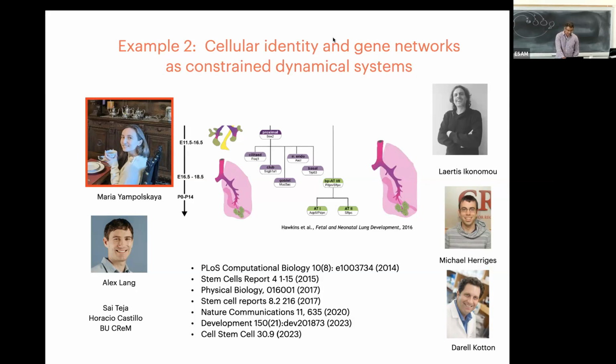So this is a series of things that started way back in 2014. I stopped working on it because I was so disappointed by how this was perceived, and then actually got dragged back in by my friends Laertes and Daryl Cotton, because they came to us with a very practical problem. They're lung biologists. They want to make lung cells they can transplant.